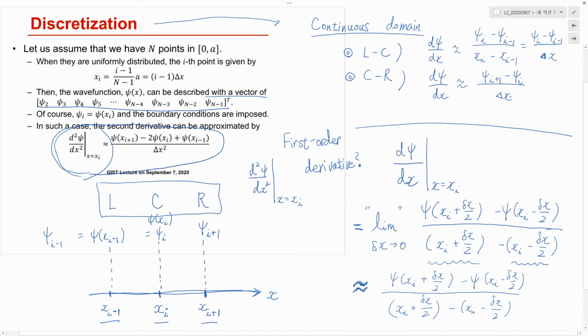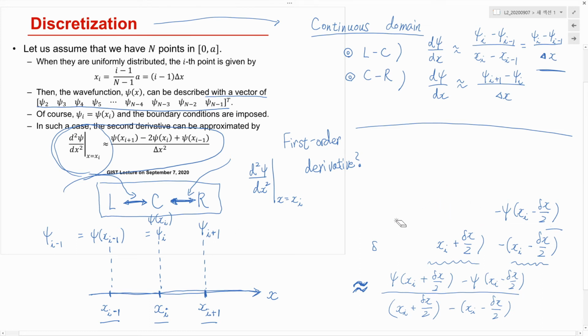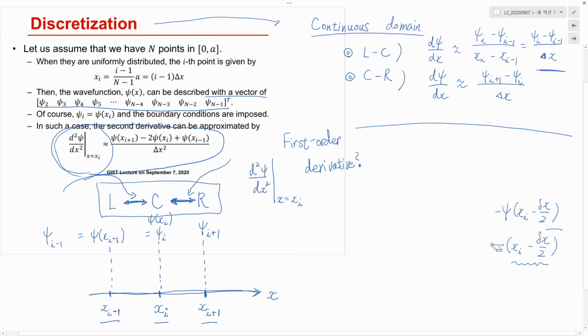That would be a good approximation for the first order derivative between C and R. So this one corresponds to between L and C. Now we have generated a good approximation for the first order derivative defined at this range and that range. But our eventual goal is not the first order derivative, but our second order derivative. How can you generate the second order derivative?